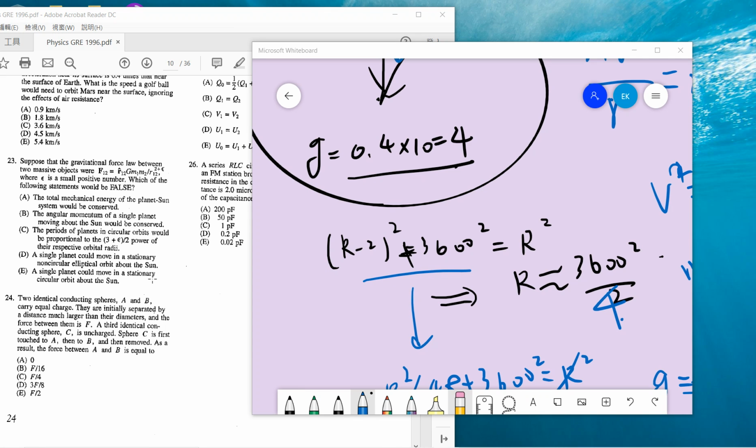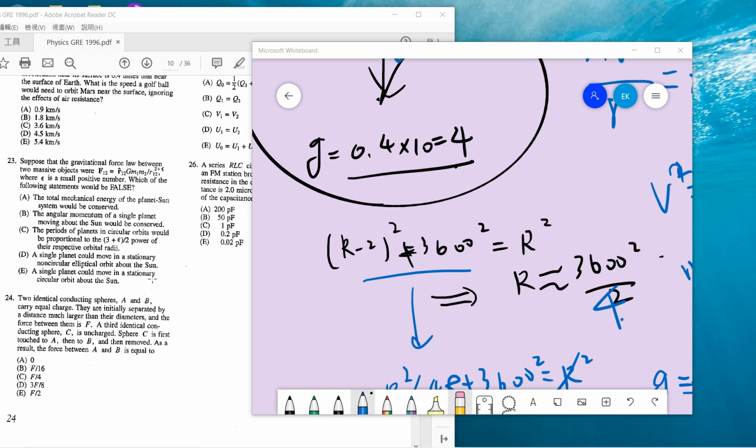You have some strange force, which is 2 plus epsilon. So total momentum of the planet will be conserved. Correct. Momentum conservation, mechanical energy conservation is fixed. Angular momentum is still fixed. B is correct because your force is only radially dependent, so angular momentum is still conserved.